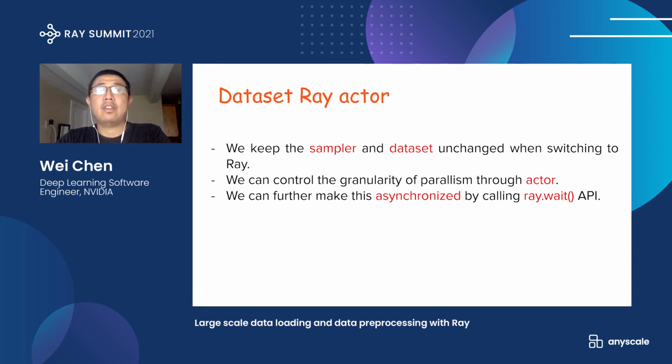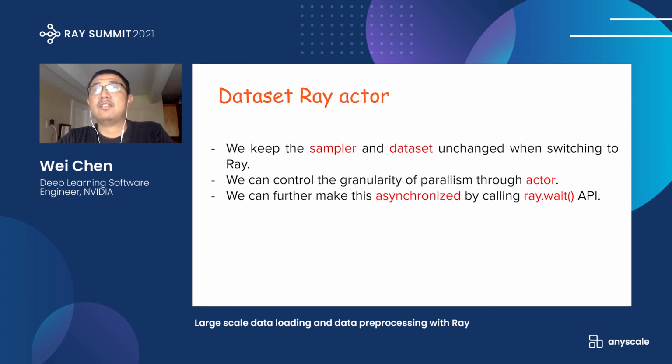Another nice part about this is that we can further make these dataset actors asynchronous by calling this ray.wait API. Basically, the idea is that we can have a lot of actors run in parallel, and we don't need to do this in a round robin way.